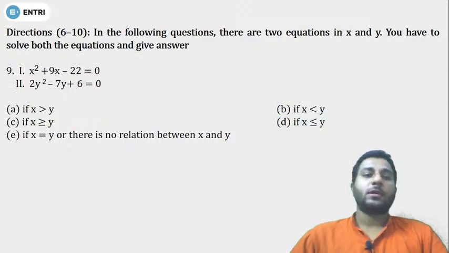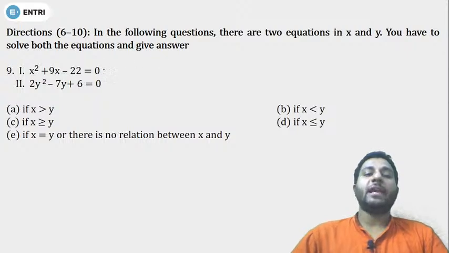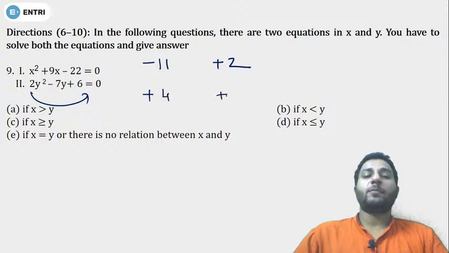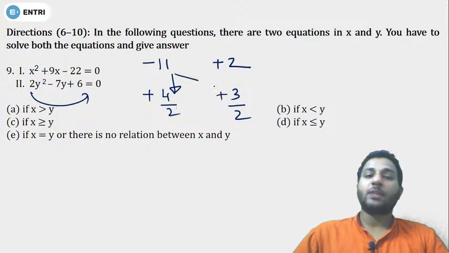Next one, 22. So clearly 11 twos are 22. But here the sign is plus and minus, which means the bigger number will be negative and the smaller number will be positive. 2 6s are 12, which means plus 4 and plus 3. It has to be divided by 2. So let's divide it by 2. Look at this. Clearly the negative number will be smaller than positive.